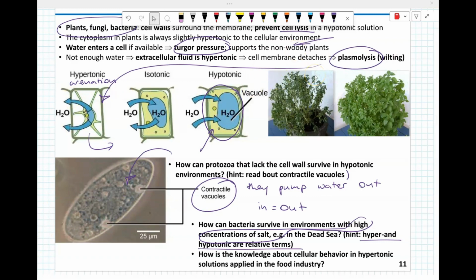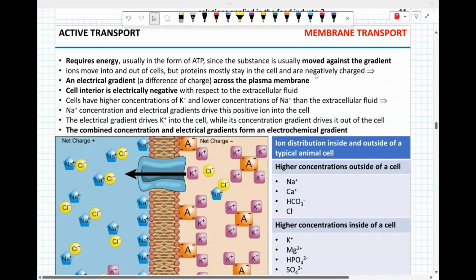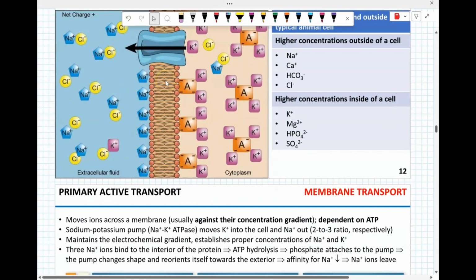So far we've only discussed the movement of chemicals along the gradient. So what about the movement of chemicals against the gradient? This can be achieved by the means of the active transport. Active transport requires energy, in the most cases, in the form of ATP. In active transport, substances are usually moved against the gradient.